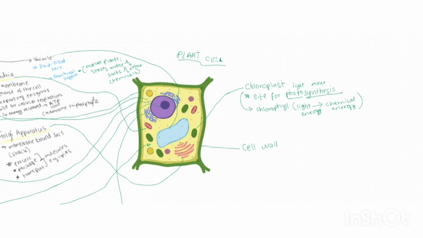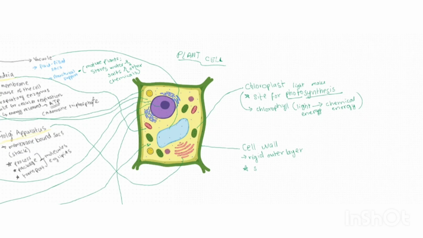The cell wall is another structure unique to the plant cell. It is the outermost layer of the plant cell. It is rigid and yet the outer layer. Remember, animal cells started with the cell membrane, but the plant cell has another extra outer layer called the cell wall.